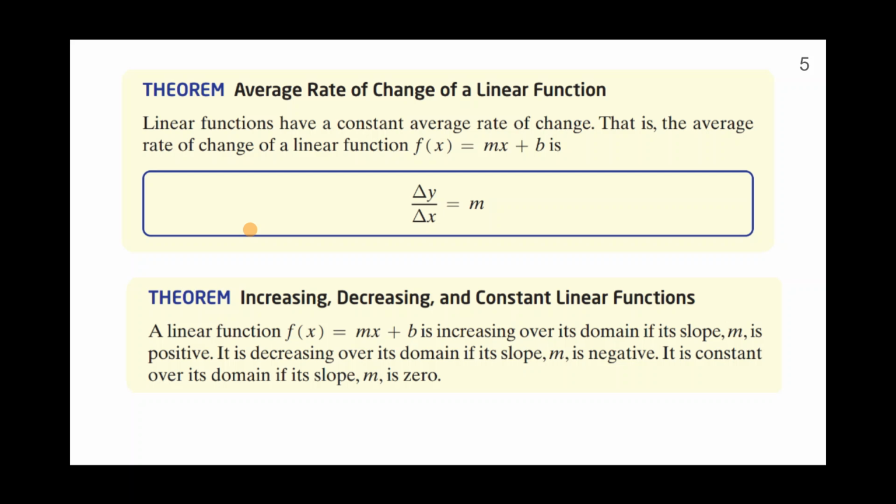In other words, if you have a linear function with a negative slope, as the x value increases, the y value decreases. It is constant over its domain if its slope m is 0. In other words, if you have a linear function whose slope is 0, then as the x value increases, the y value remains the same.